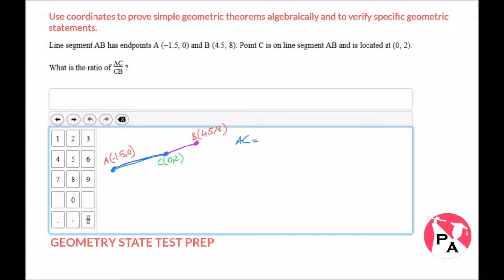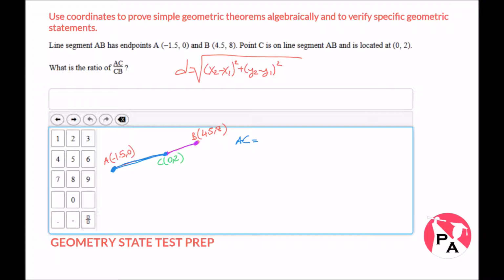Before moving on, I want to go over the distance formula, because you'll need this: the square root of (x2 minus x1) squared plus (y2 minus y1) squared. For AC, I'm going to assume this is x1, y1, and x2, y2.